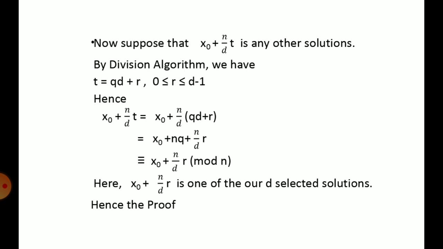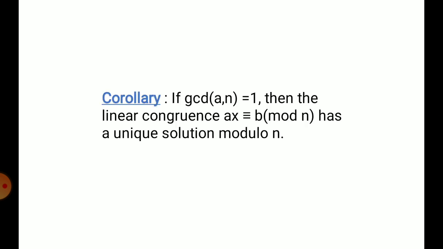Now using this proof we solve problems. Before that we can observe that if GCD of a and n is equal to 1, then it has a unique solution, because we know by the theorem that there exist d solutions, but GCD equal to 1 means the value of d is equal to 1. No doubt there exists only one solution, that means there exists a unique solution.